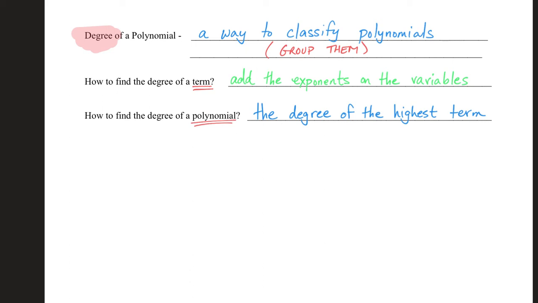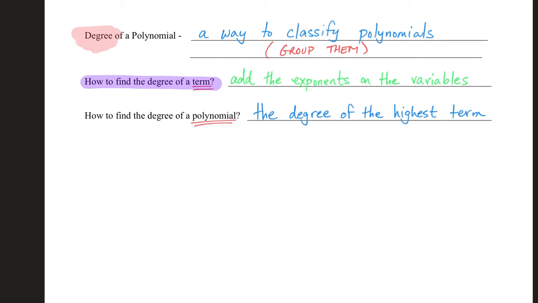Okay. Now what you see on the next 2 lines is how we figure out the degree of a polynomial. And it all starts with the degree of a term. So how do you find the degree of a term? You see in green, we add the exponents on the variables.